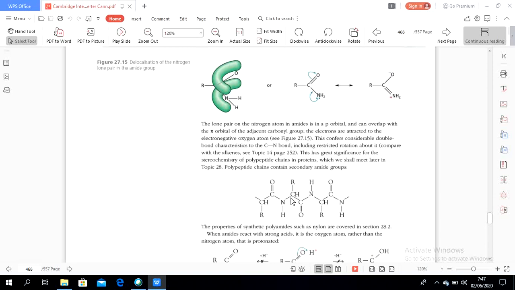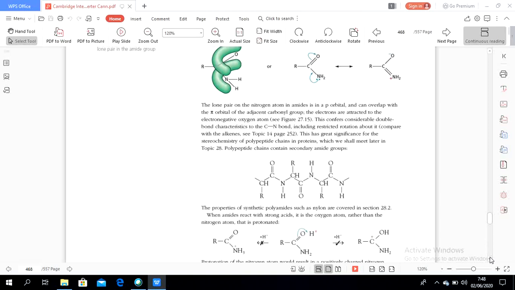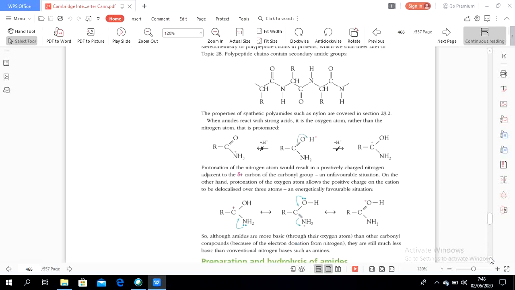The properties of synthetic polyamides such as nylon are covered in section 28.2 on polymers.